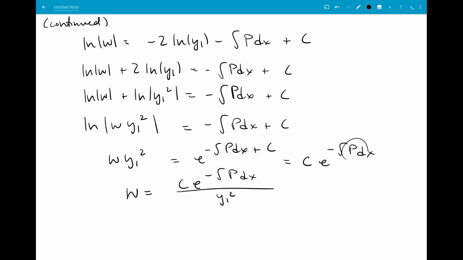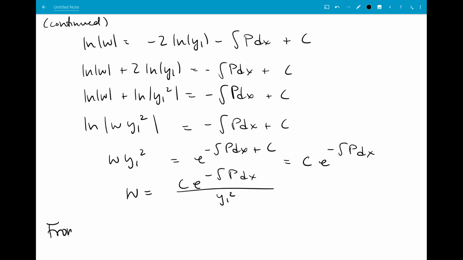And you can imagine that if you had p and evaluated this integral, you might have had another constant. Maybe p was like x, so you would have integrated x dx and gotten 1/2 x squared plus a constant. But that would just get eaten up in this constant right here. So it would all turn back into having one constant out front and some function of x right there.